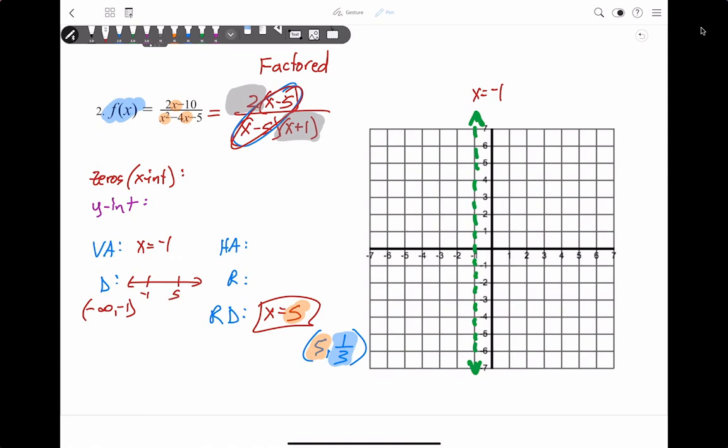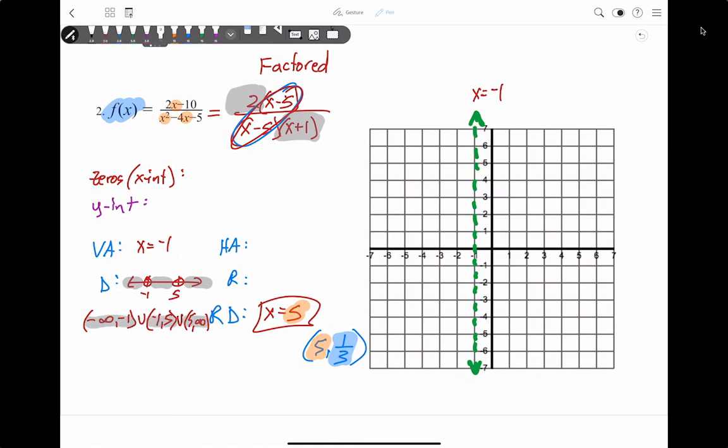It will exist everywhere else if you were looking at it like a number line. Let's take this and say union -1 to 5, union 5 to infinity. 3 different intervals to represent the first, second, and third interval, like on a number line.